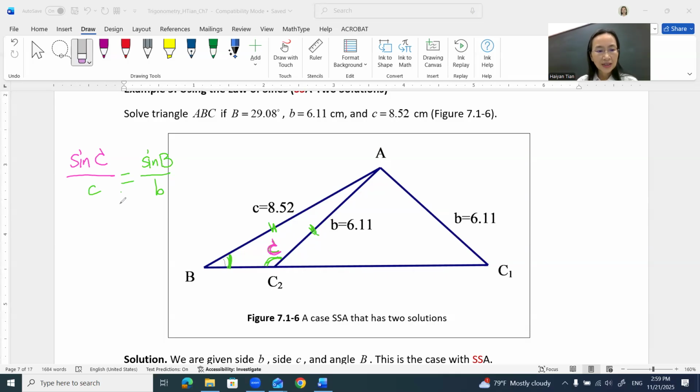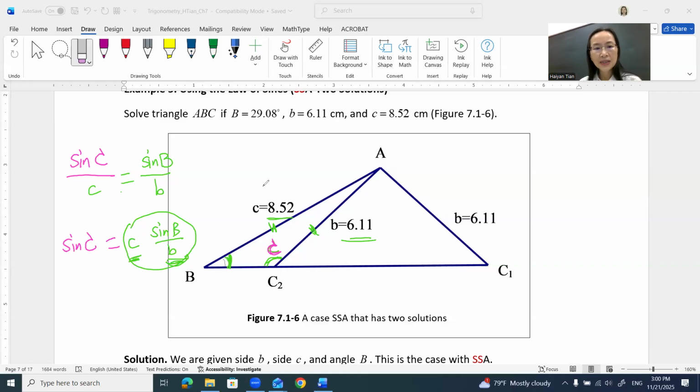So we solve this equation, we can find capital C, right? As long as we multiply both sides by lower c. So the right-hand side multiplies lower c. And then we can find sine capital C. So all you need is to plug in numbers. So you see this B is 6.11. The C is 8.52.